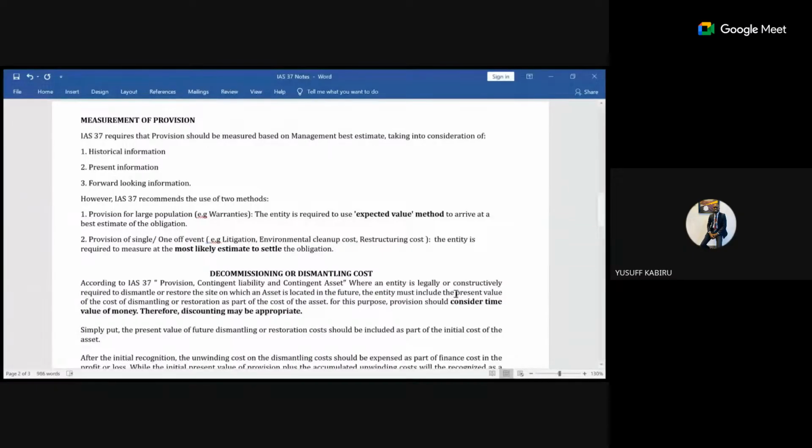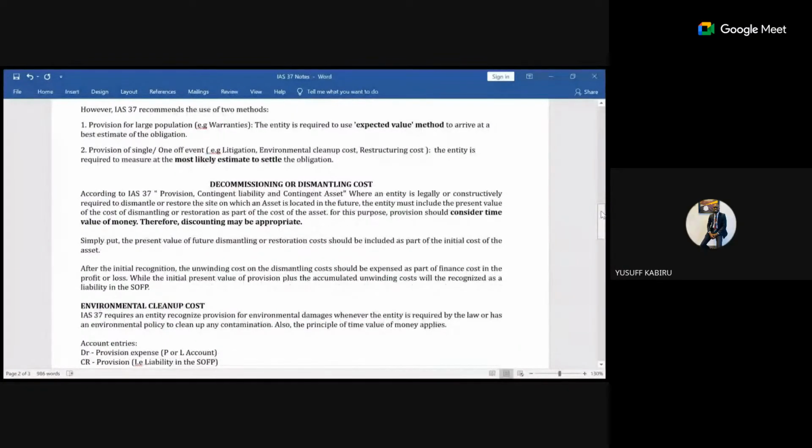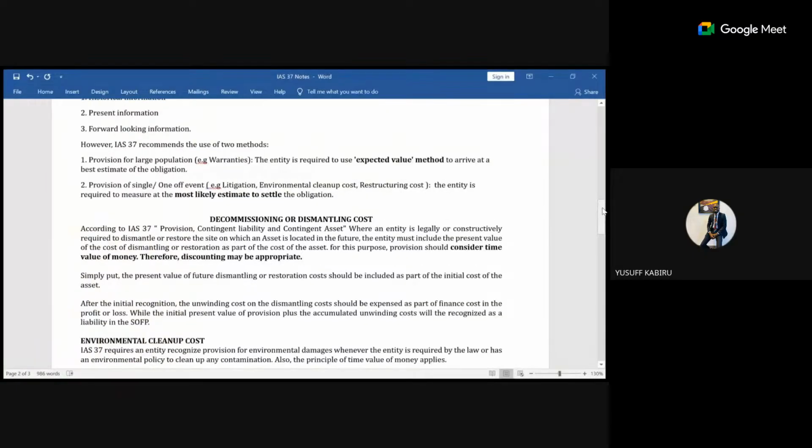So simply put, the present value of future dismantling cost should be included as part of the initial cost of the asset. Let me use a short example. In the future, we are going to incur a cost of 50 million for decommissioning or dismantling, let's say in 10 years to come.